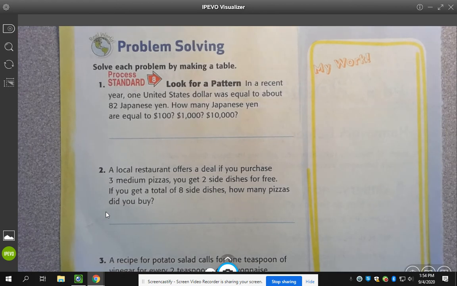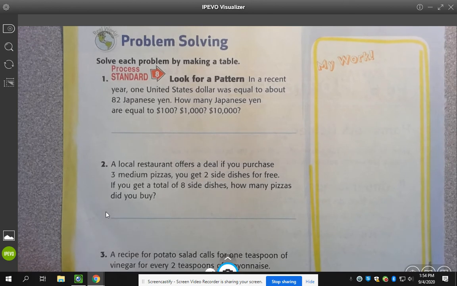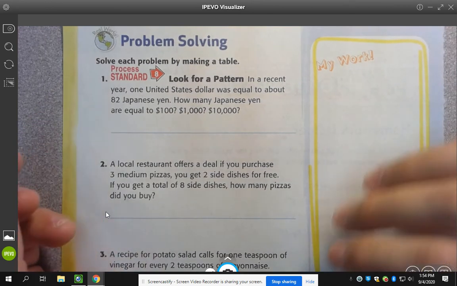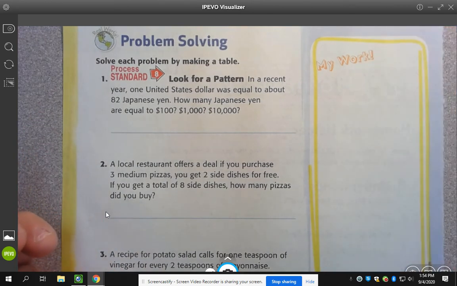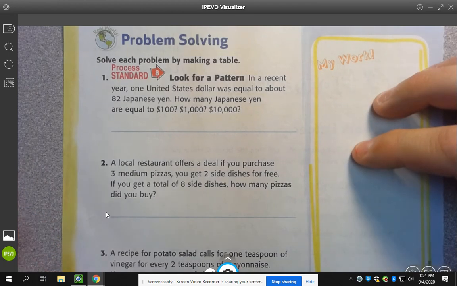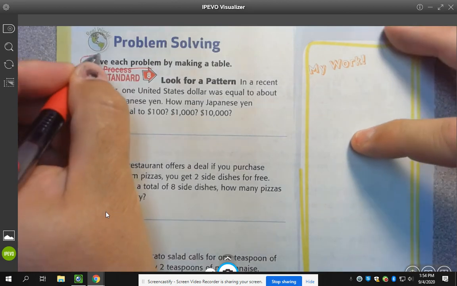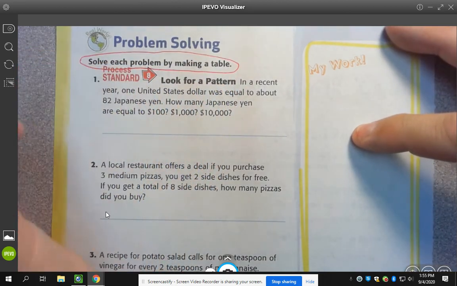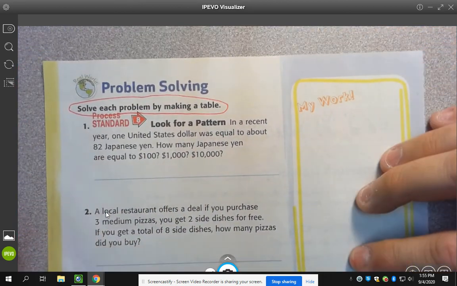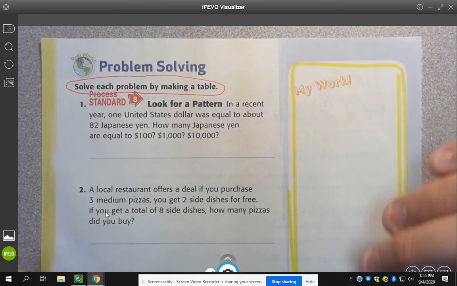Solve each problem here by making a table.